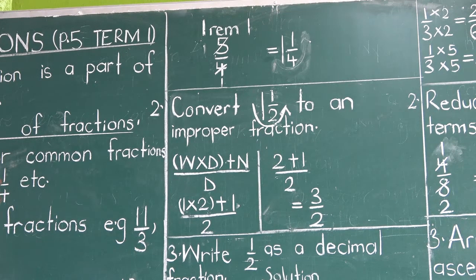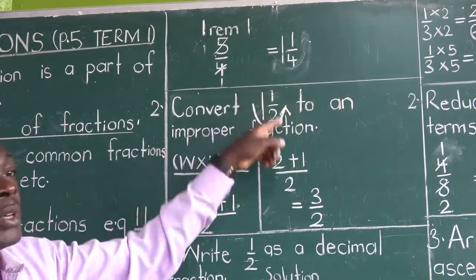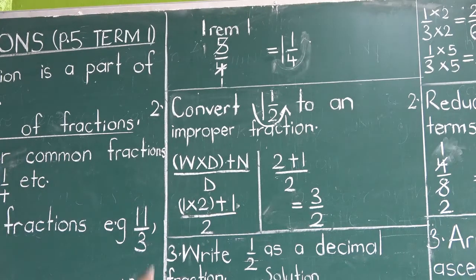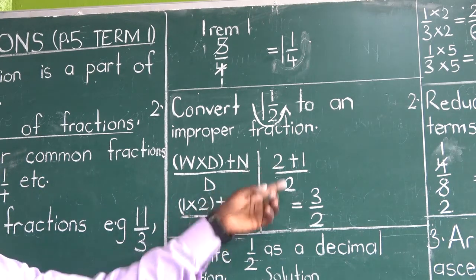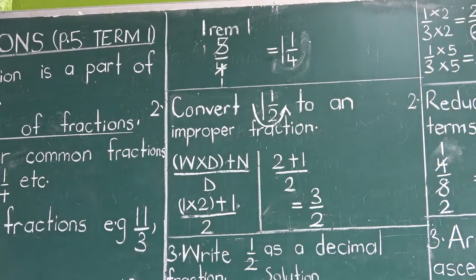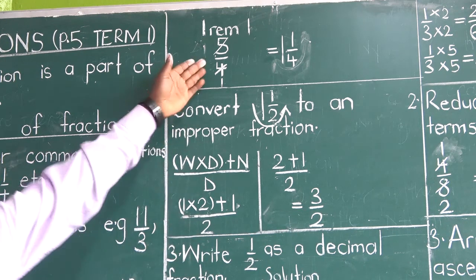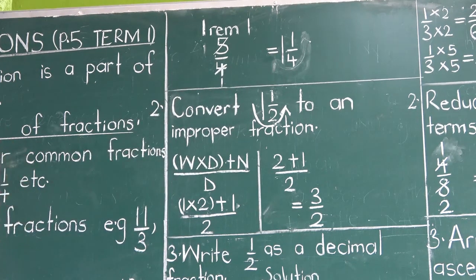So we multiply 1 times 2 plus 1 out of 2, where 1 times 2 is a 2, then plus 1 out of 2, which is a 3 out of 2. And that is all. That's the way one converts from mixed fraction to an improper fraction, and from improper to a mixed. And you will be perfect in that way.